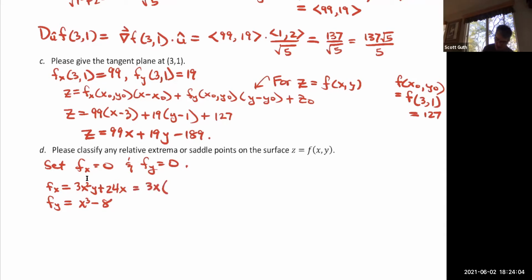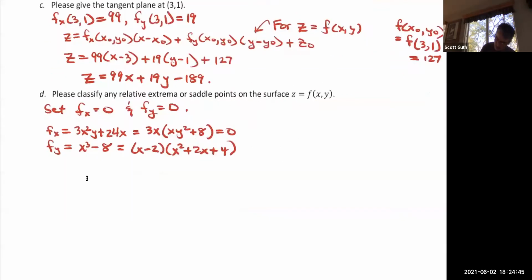And so you'd have an xy squared plus 8, and of course, that has to be 0. x to the third minus 8 can be 0 as well. I guess we could factor that, but it's not nice. It's going to be x minus 2. Hang on, that's a difference of cubes. So you're going to have x squared plus 2x plus 4 is how that factors out, equal to 0.